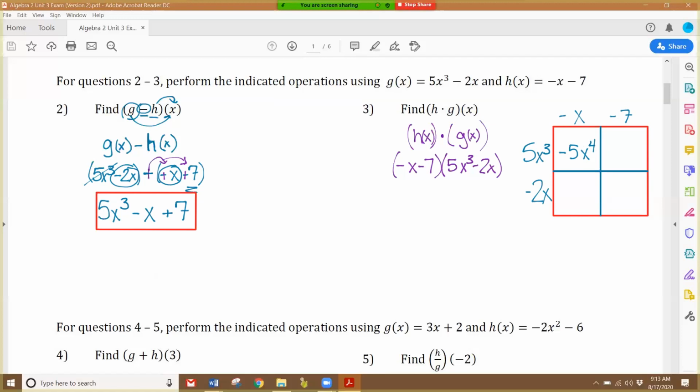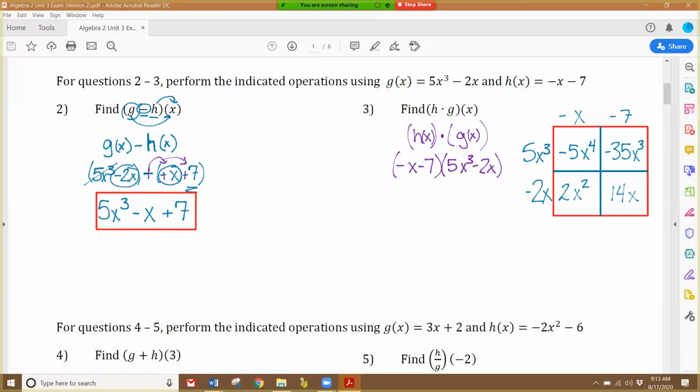Negative 7 times 5x to the third gives us negative 35x to the third. For the bottom left box, we have negative x times negative 2x. Negative times negative is positive, so 2x squared. And then our bottom right box, negative 7 times negative 2x. Negative times negative is positive, so 14x.